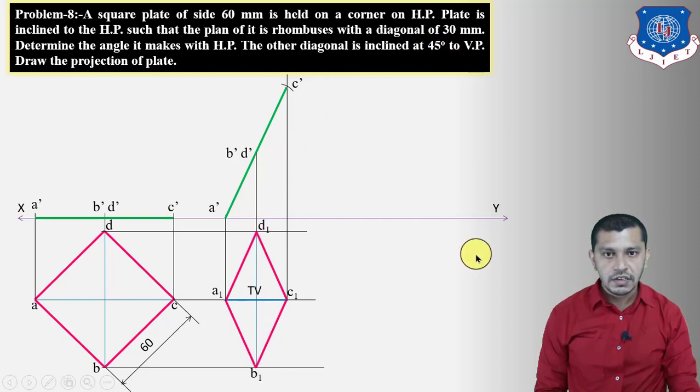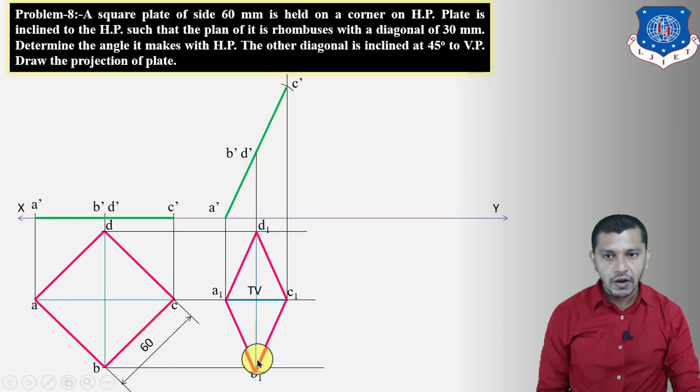Now let us consider the case for the third stage, in which we have to find out the beta angle, because we are always going to redraw this figure over here, and this is a plan of the plane and the angle of the plan is beta. Right now we have to find out the angle of B1D1, because here it is given that the other diagonal, not the plan of the other diagonal.